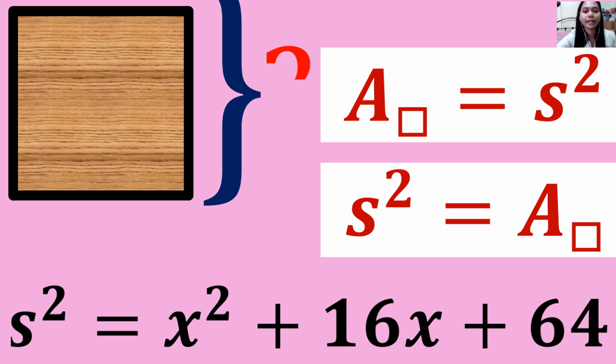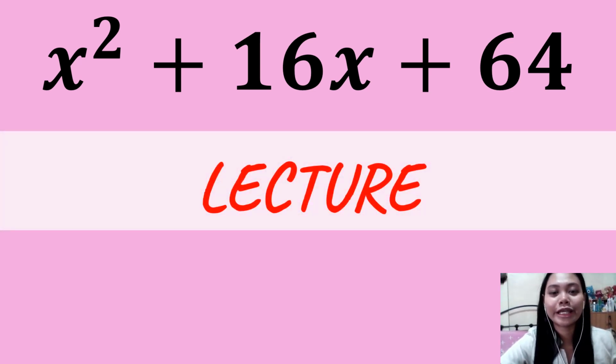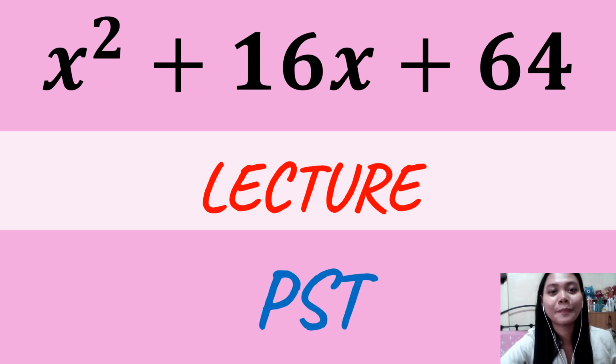So, hahanapin natin yung side. So, x squared plus 16x plus 64, kung mapapansin ninyo, by the lecture of perfect square trinomial, we can easily find the measure of the side.